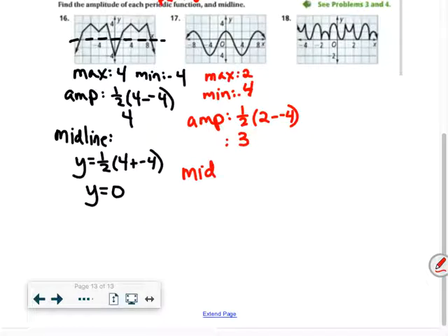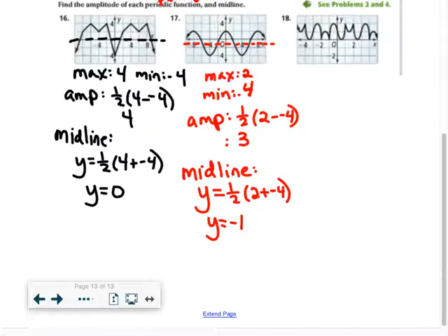Okay, that becomes 2 plus 4. The midline is an equation. So it's y equals 1/2 of 2 plus negative 4. Half of negative 2 is negative 1. So see that? The midline is half the distance. It's halfway between your max and min. So if you look at 2 to negative 4, that's 6 units. I want to go down 3 from that maximum. So that's pretty cool.